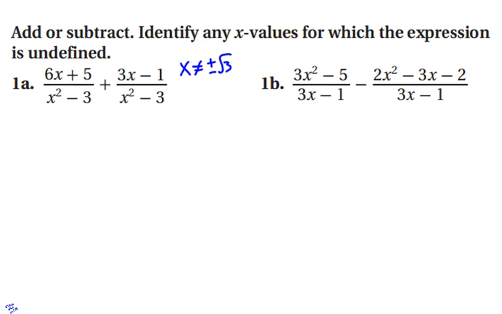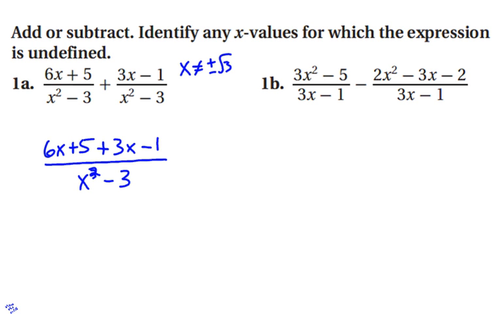And now we're just going to combine, because we have the common denominator. So we're going to combine this into one fraction, x squared minus 3. When we combine the numerators, I'll write it all out for the sake of seeing it all in one place.